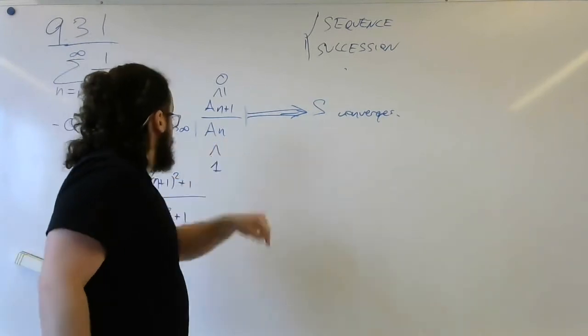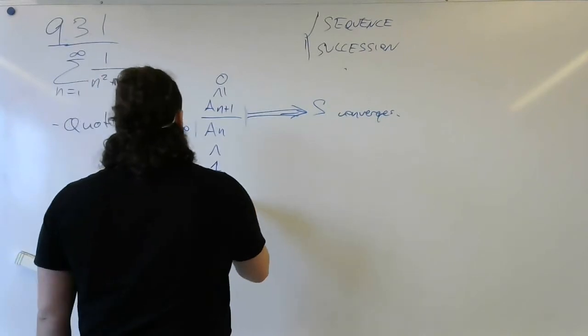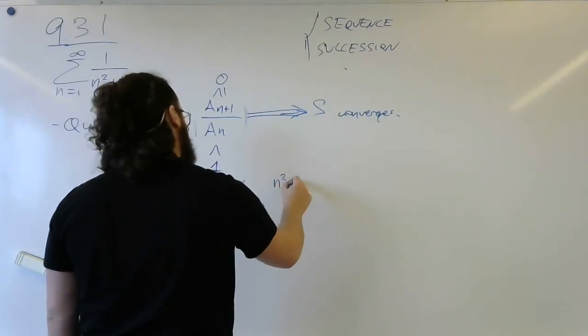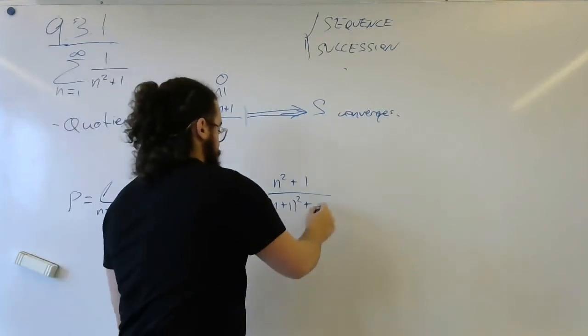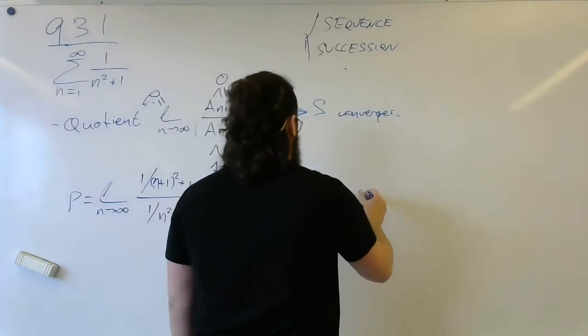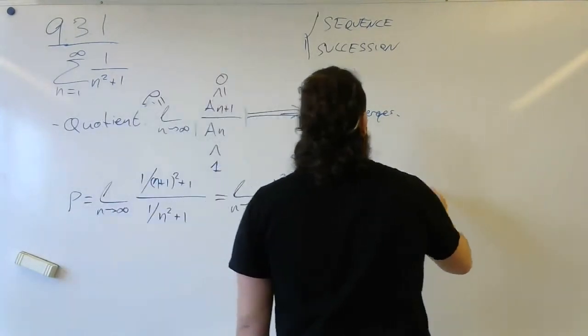Now, this is the limit when n tends to infinity, and as you may have heard me say a million times, this limit is 1. So no info.